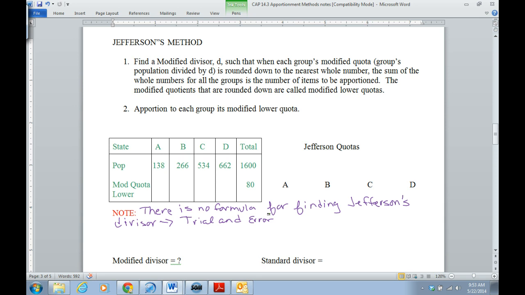Typically, this divisor is slightly less than the standard divisor.